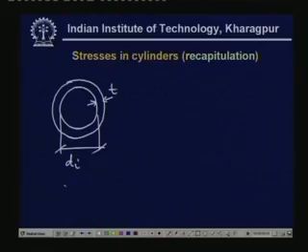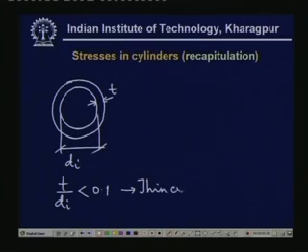If t by di is less than 0.1, then we call it a thin cylinder, and if it is greater than or equal to 0.1, we model this to be a thick cylinder.